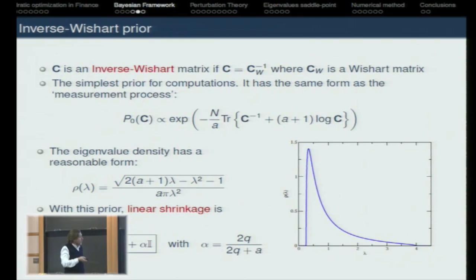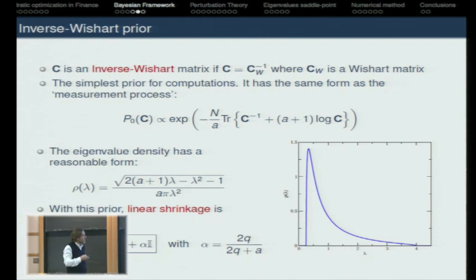And another prior, well, this was not the first prior we considered, but looking at the literature, it's the first prior that people considered, is the Inverse-Wishart, which is where you take a Wishart matrix and you invert it, and you scale it so that, in our case, the average value is the identity. If you do an inverse, it has a well-defined probability distribution, which has a potential.